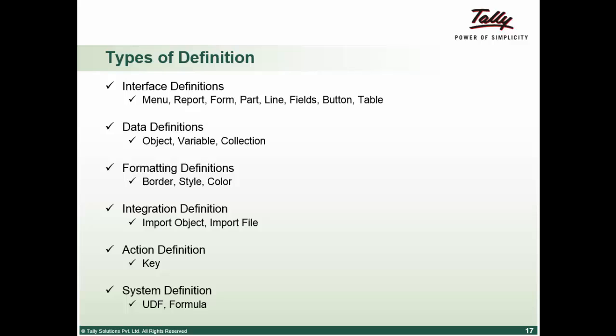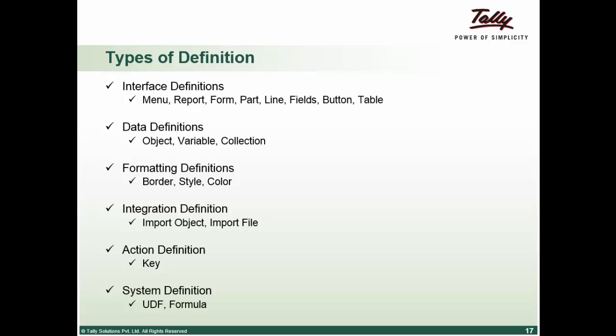Data definitions are used for storing the data, and the definitions in this category are object, variable, and collection. Formatting definitions, which are used in formatting the user interface, are referred to as formatting definitions.